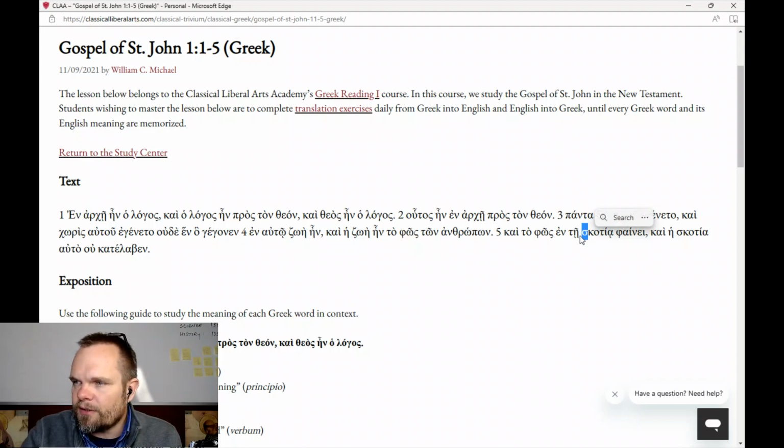But here in this word here, we have the final sigma written at the end of the word. So when we put these letters together, we have logos. En arche, ein, ho, logos. We're actually here, sorry. En arche, ein, ho, logos.